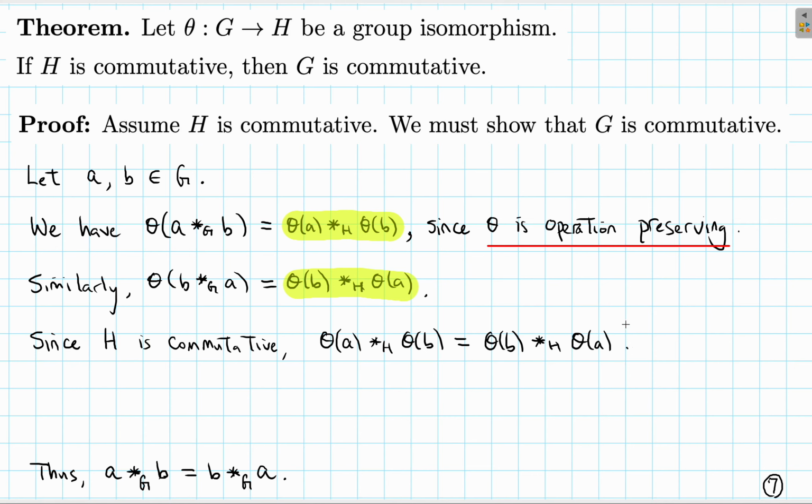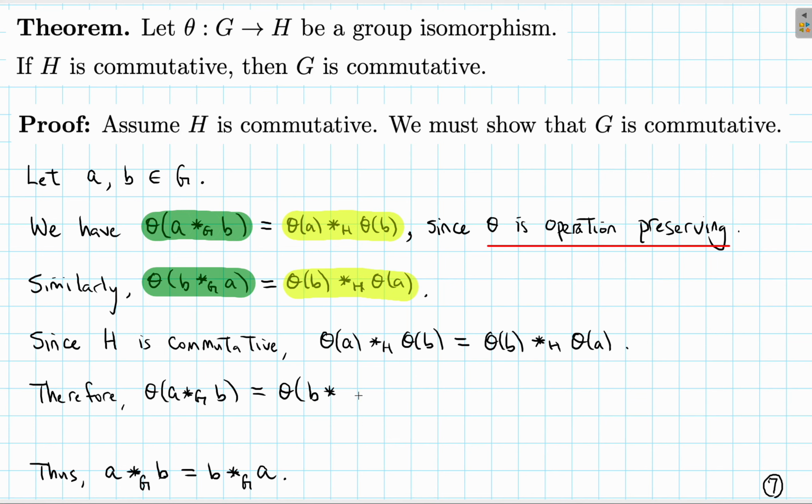And therefore, because these two yellows are equal to these two greens, we can say that the greens are equal to each other. And therefore, theta of A times B is equal to theta of B times A. And we can color code these as well.